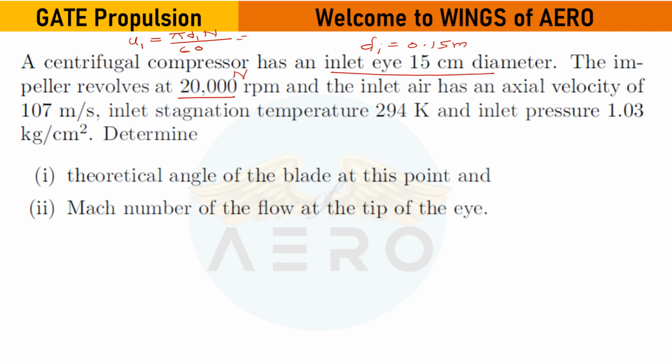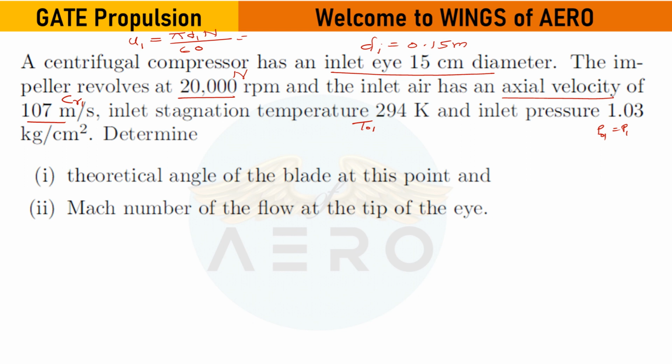Then the inlet air has an axial velocity. Axial velocity they have given, so it's CR1. Then inlet stagnation temperature T01 is given. Pressure, let's take P01 or P1, both are going to be the same for this inlet condition.